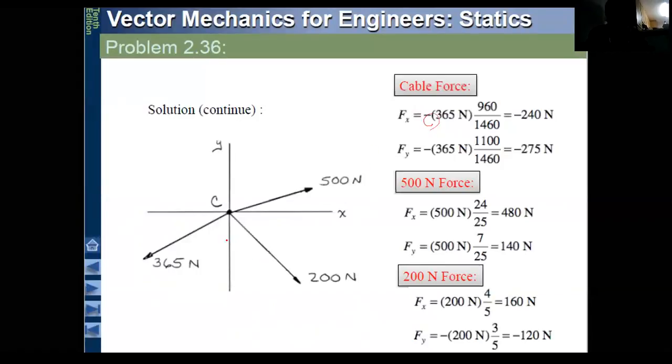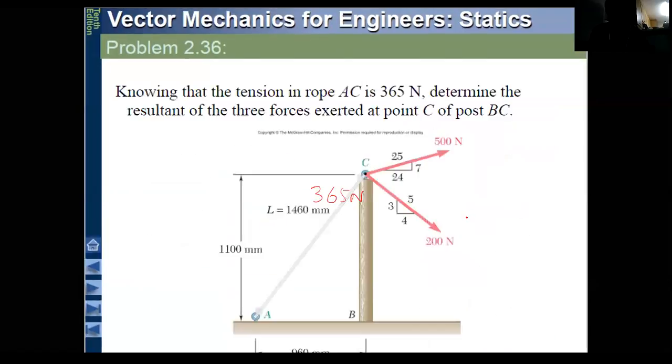And you can see that the cable, which is in tension, has a minus sign in the x direction and a minus sign in the y direction. So you can calculate the decomposition of this vector with fx and fy, and you can do the same for the 500 Newton force, using the ratio of components from here, 24 in x direction and 25 length of the vector.